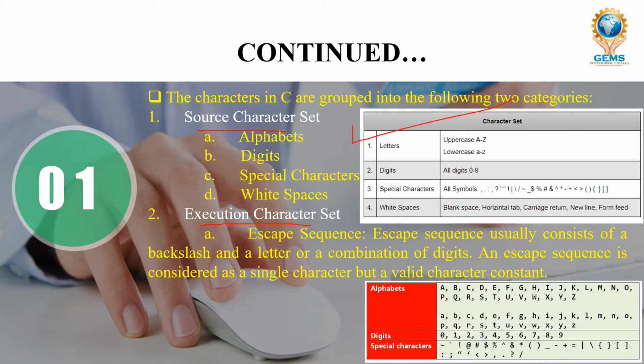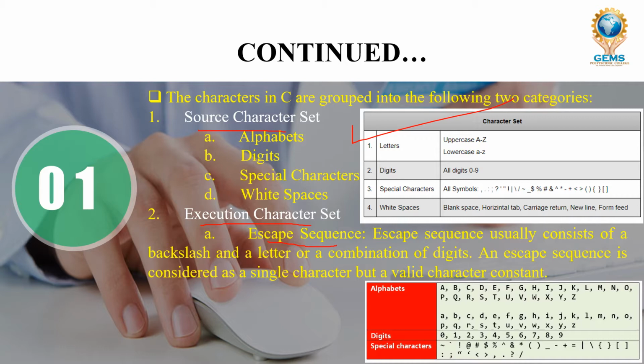This is one of the important charts I have given you about the character set and the source character set, all explained in this chart. Now, the execution character set: the escape sequence is one type which comes under the execution character set.